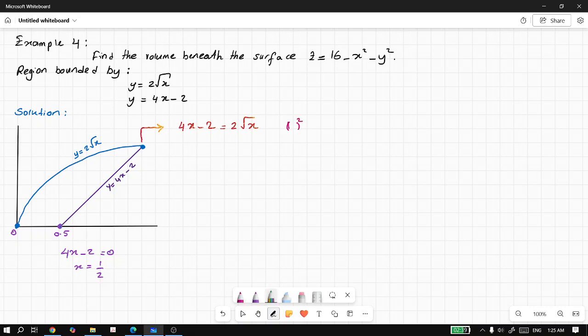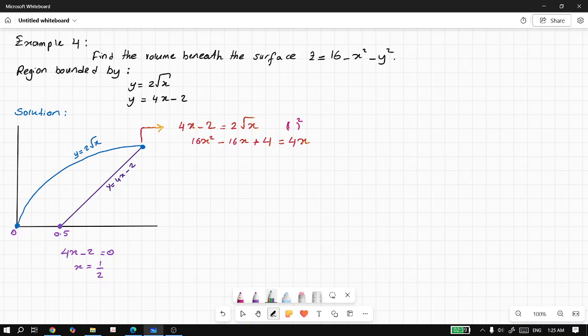So what do we get? The first one becomes (4x minus 2) to the power of 2. Expanding this, I get first one squared, minus 2 times first one times second one, plus second one squared, which is 2 squared, that's equal to 4. Equals (2 square root of x) squared, which gives us 4x.